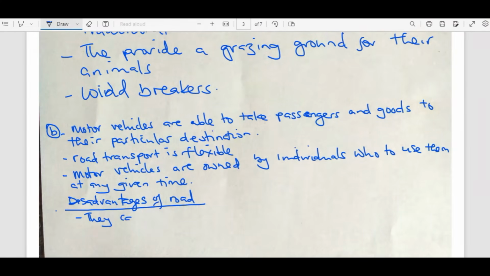Those cars that are smoking pollute the air. So apart from that, they cause a lot of accidents.